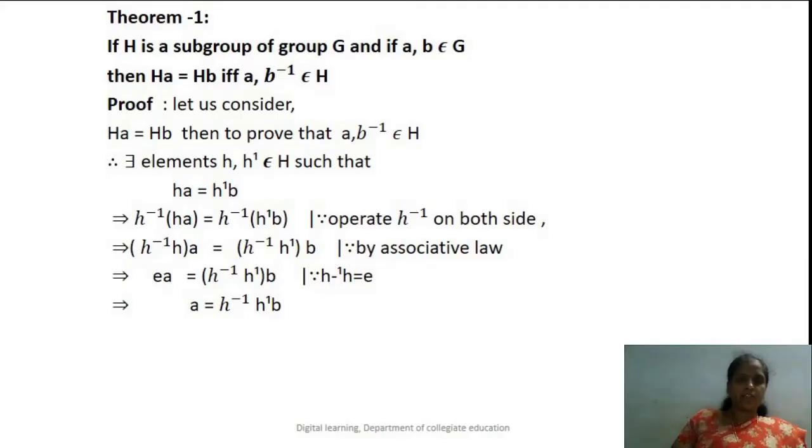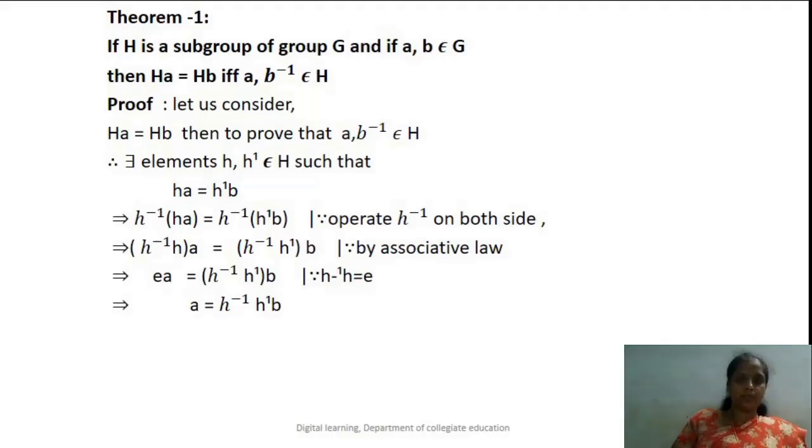So let us consider Ha is equal to Hb. That is, taking the LHS, let us prove the RHS. So let us consider Ha is equal to Hb, then prove that ab inverse belongs to H. So ab inverse belongs to H means it belongs to the subgroup.